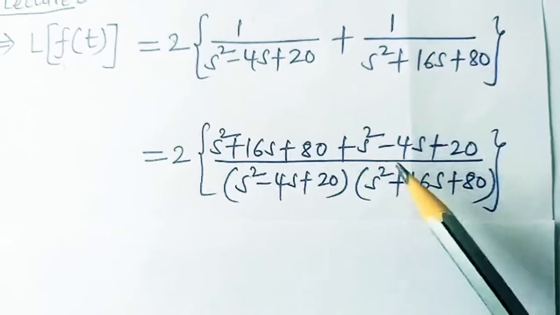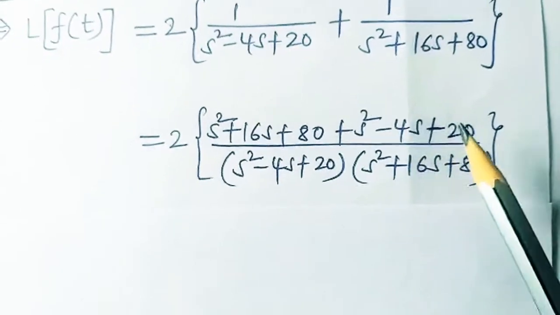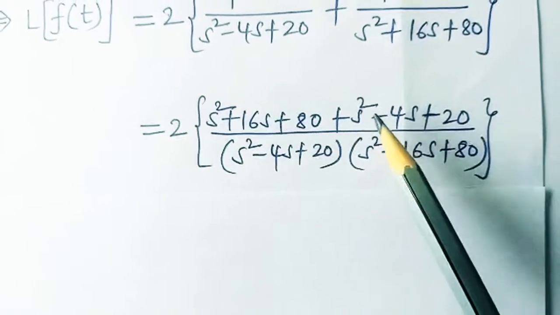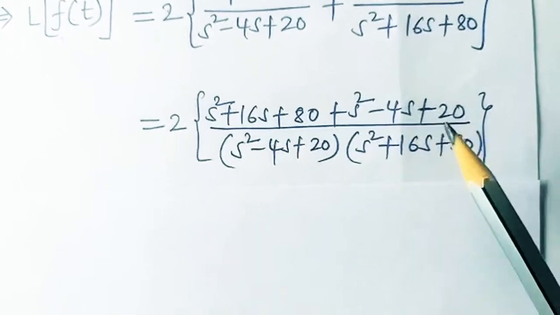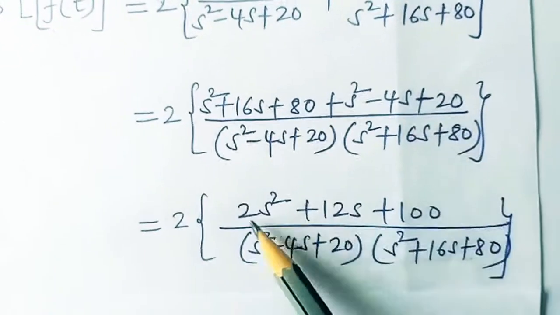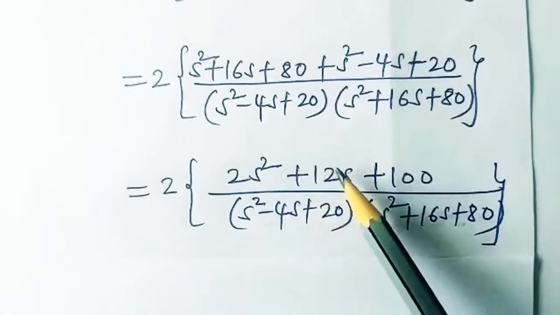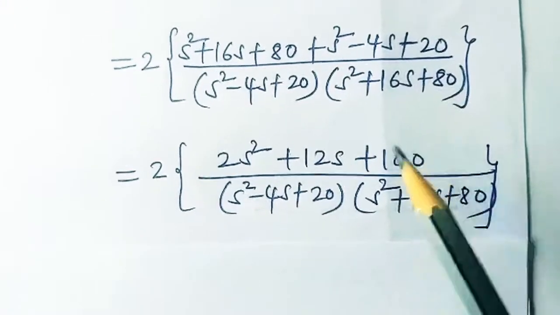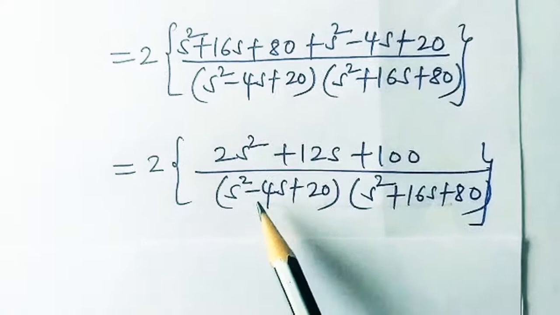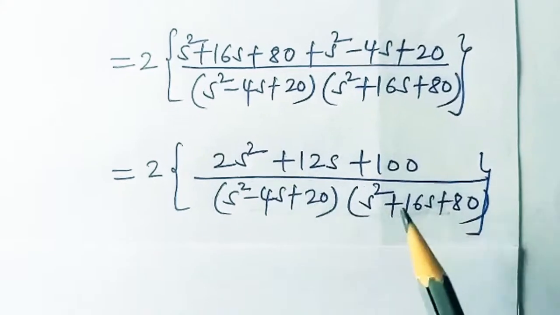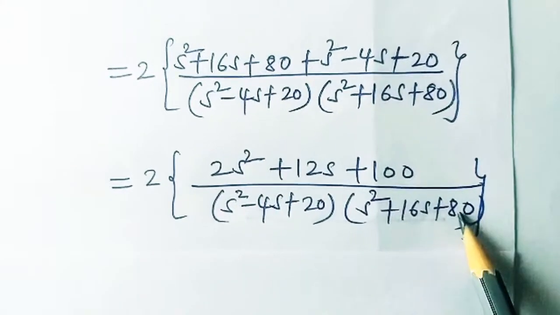So we can do it like this. By cross multiplication we will get this particular step, and after that on simplification we obtain 2 times 2s square plus 12s plus 100, and the denominator will remain the same, s square minus 4s plus 20, s square plus 16s plus 80.